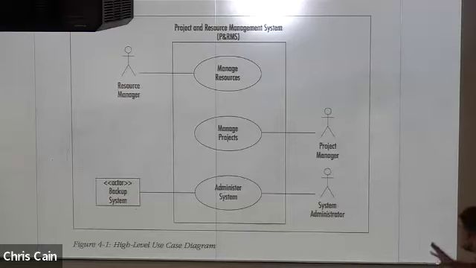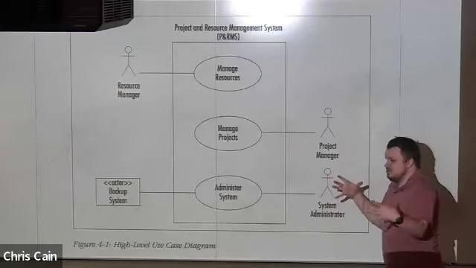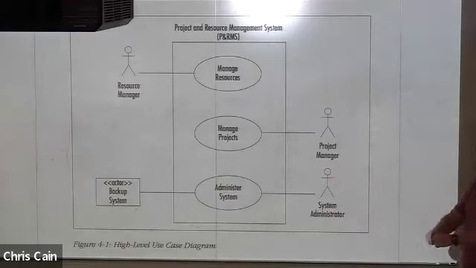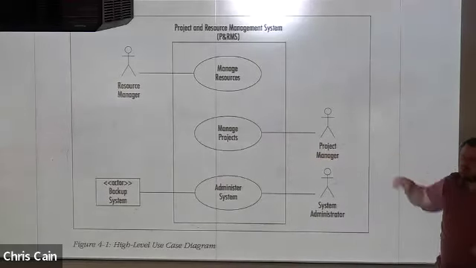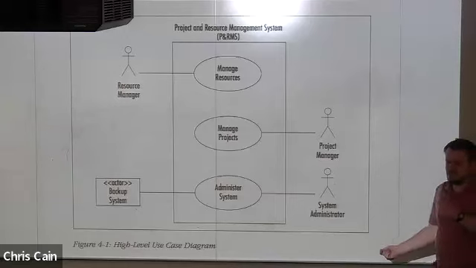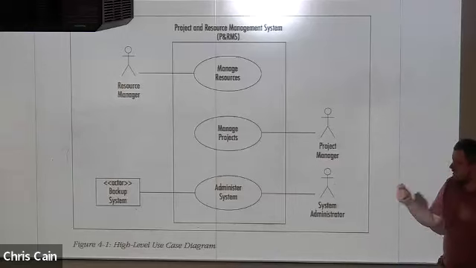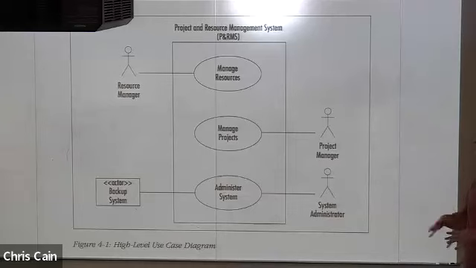And you can imagine that this little bubble right here, you could zoom in and have another use case diagram for how the resources are managed and who might be the actors in that subsystem. You could zoom in on this. So you can have different levels of UML diagrams representing different levels of abstraction of the system, and you move between those diagrams as you want more or less abstraction.